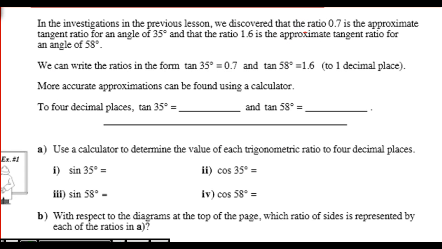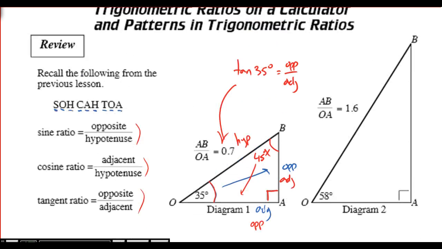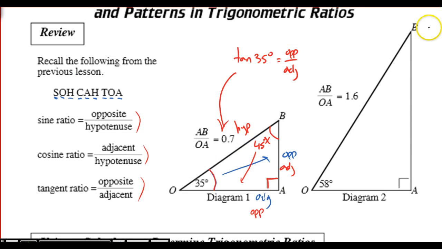And what we're saying here is that there's only one possible ratio for that angle of 35, and that is 0.7, or 7 over 10, or 14 over 20, or any other ratio that works.